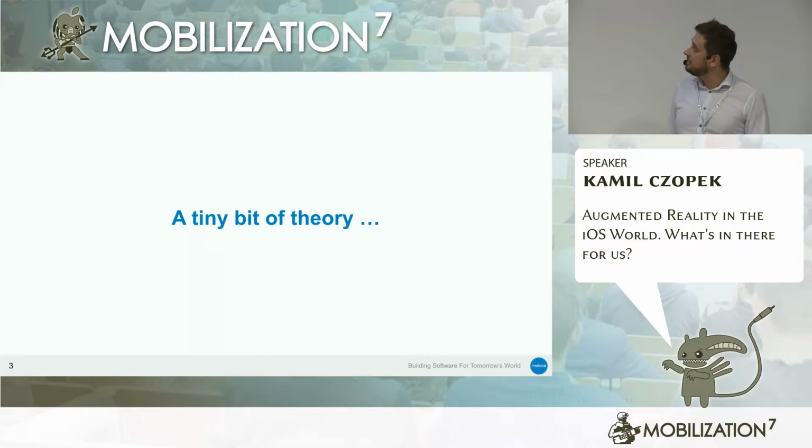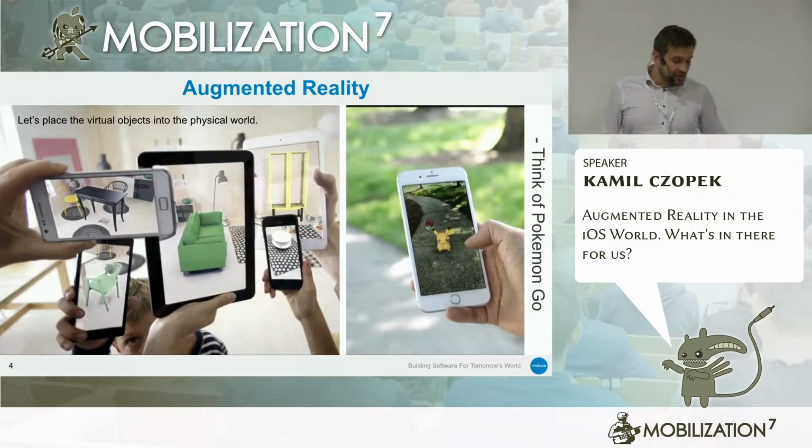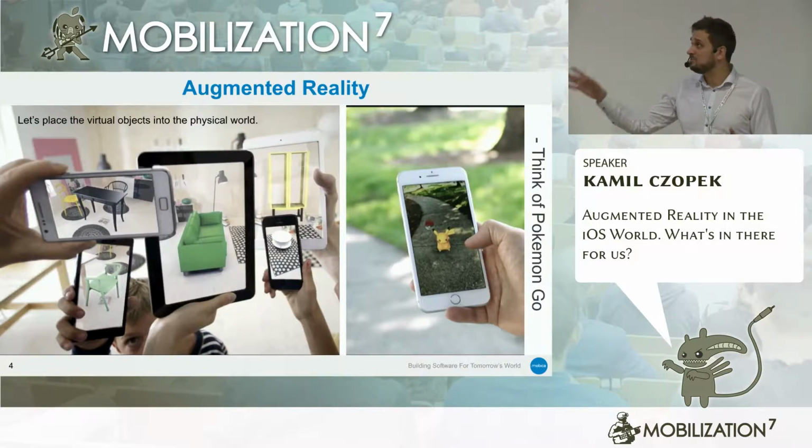So let's start with a bit of theory. The augmented reality we're going to talk about today is the reality we can preview with either our iPhone or iPad. And we talk in iOS, so I don't say smartphone and tablet. We're not going to discuss things like capturing some image with a camera, transferring it, doing whatever kinds of transformation and displaying with a projector.